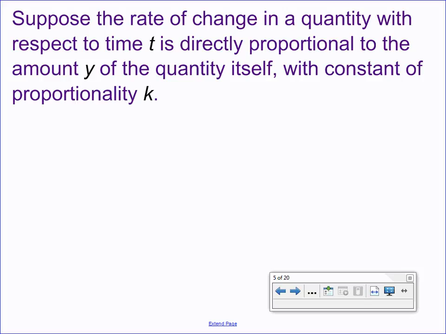But we're going to extend it today to include relationships that aren't just proportional to the quantity present, and not just use the APERT. We're going to look at a new type of model better suited to real-world phenomena. But first, let's recall our basic law of exponential change.